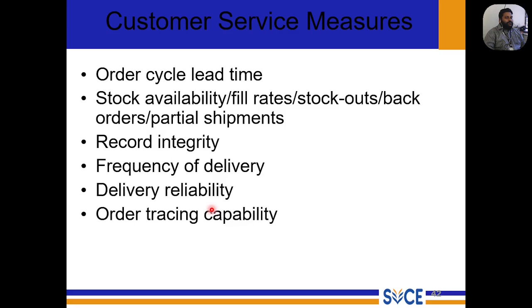Order tracing capability shows the transparency across the entire transport services, that is, the entire SCM transparency to the customer. Flexibility of volume: whatever the order may be, if you are flexible in spite of volumes, your SCM rating will be very high and opportunities will tend to be more.